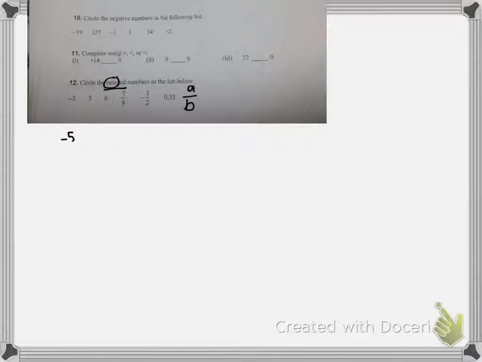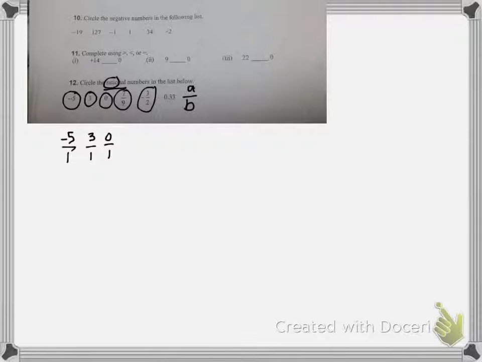So I can put negative 5 over 1, so that's a rational number. I can put 3 over 1, so that's a rational number. I can put 0 over 1, that's a rational number. 7/9 is already written in this form, so that's a rational number. Negative 3/2 is written in that form, so that's a rational number.